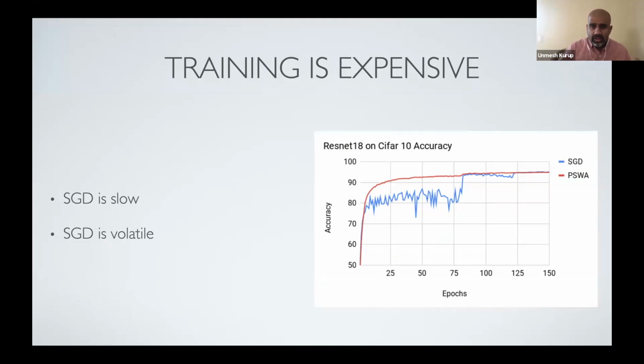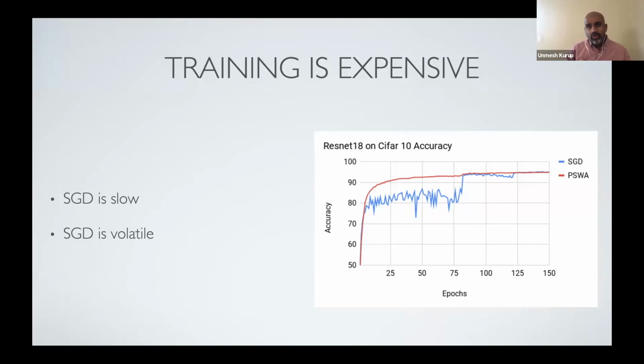SGD is volatile. And by volatile, I mean, when you look at this graph, you can see that the blue line is SGD. It's not showing you a nice monotonic curve. It's actually moving up and down. And that is a problem because one way to make SGD faster, the easiest knob we can turn to make it faster, is the learning rate.